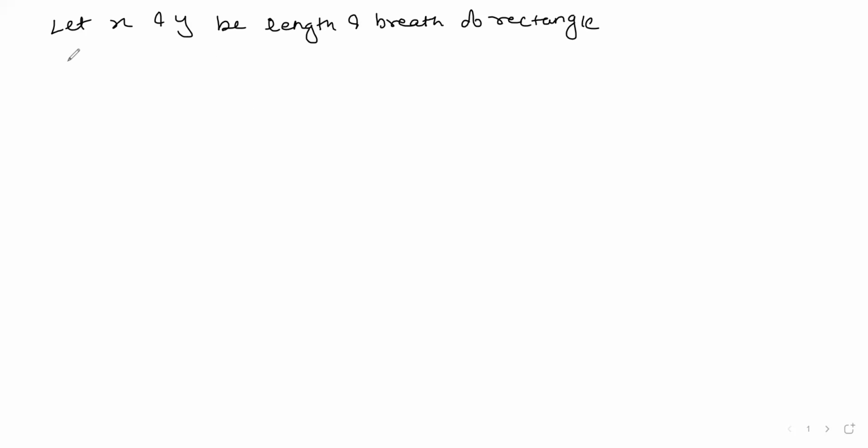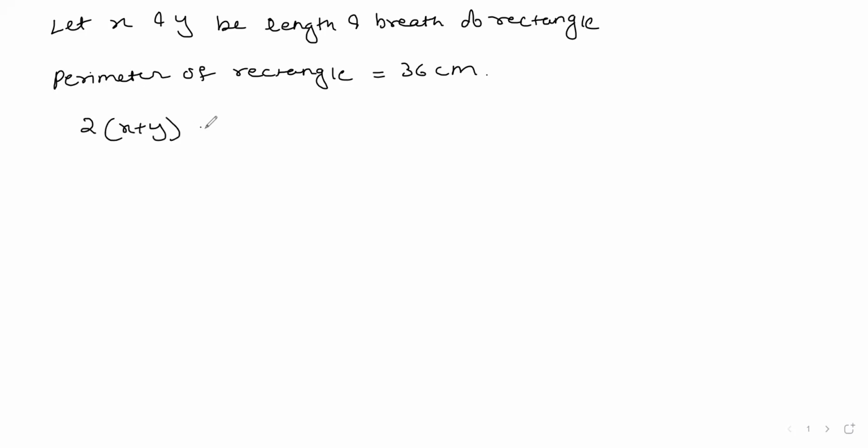So the perimeter of the rectangle will be 36 centimeter. So 2 into x plus y is 36 centimeter. So x plus y is 18. So y is 18 minus x.